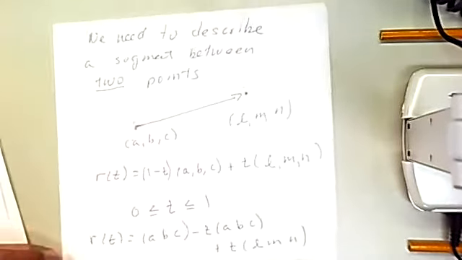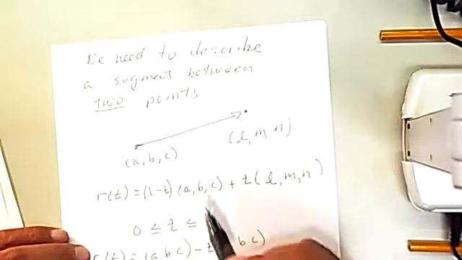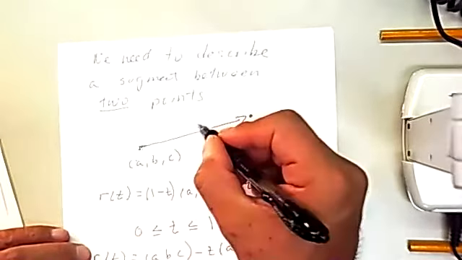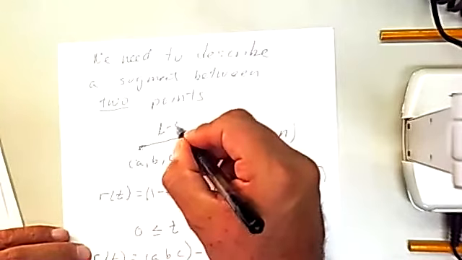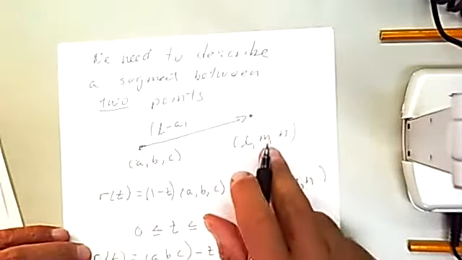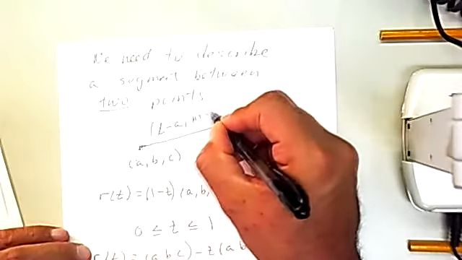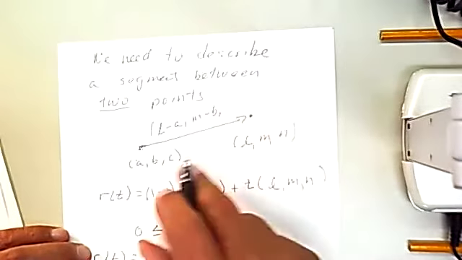Notice that up here, the vector that goes from ABC to LMN has coordinates L minus A, M minus B, and N minus C.